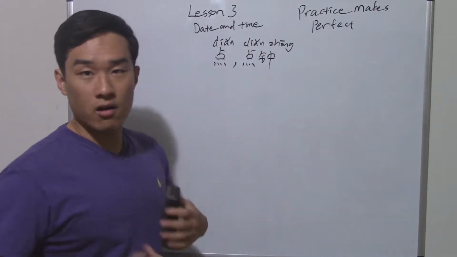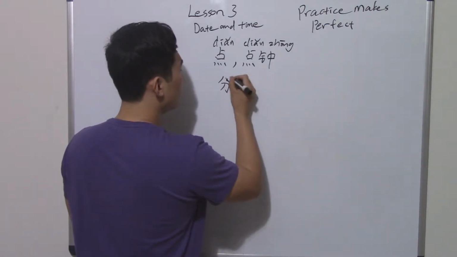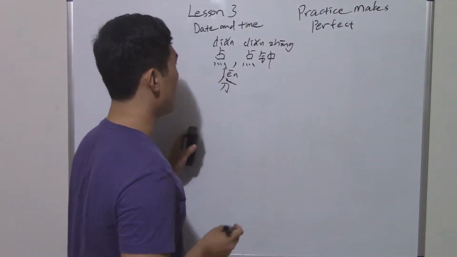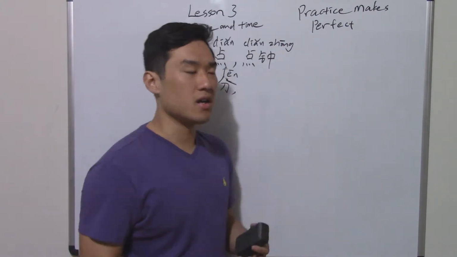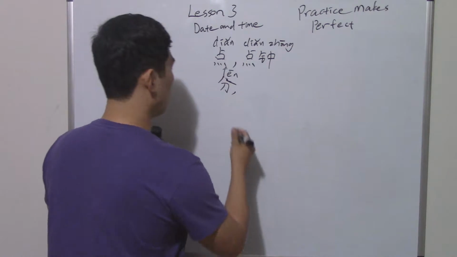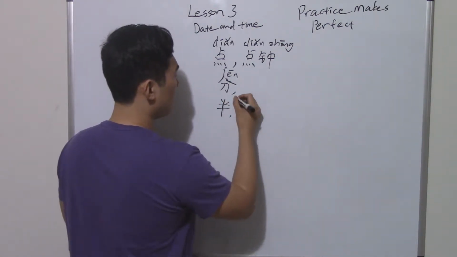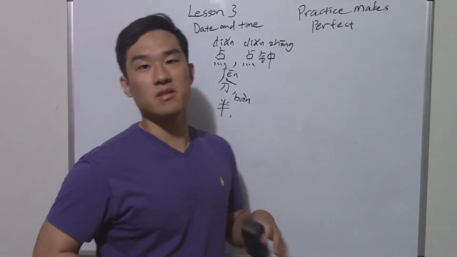Then how can we tell the minutes? The minute will be 分. This word 分 is used to tell minutes. And then sometimes you say half, which is half an hour, which is this word 半. 半 basically means half.